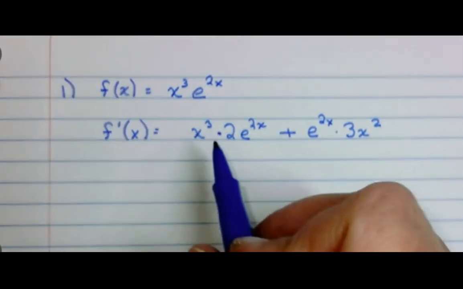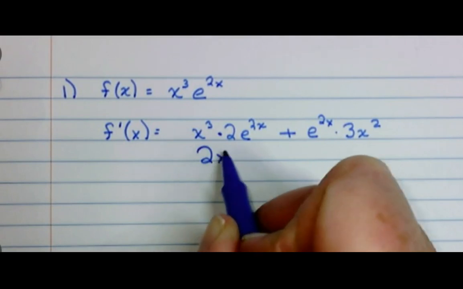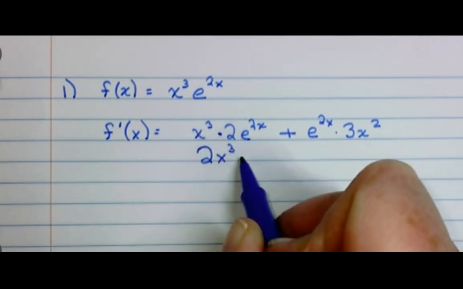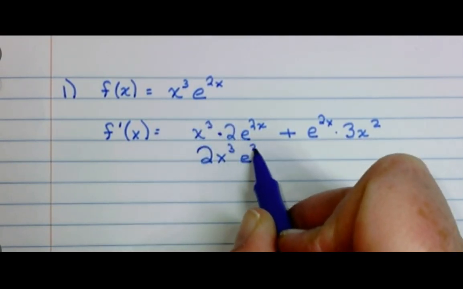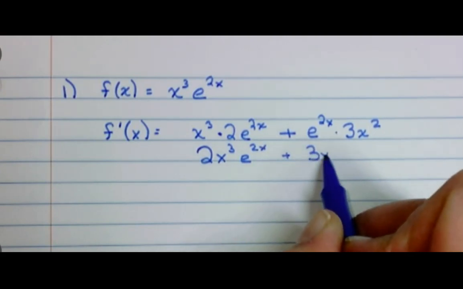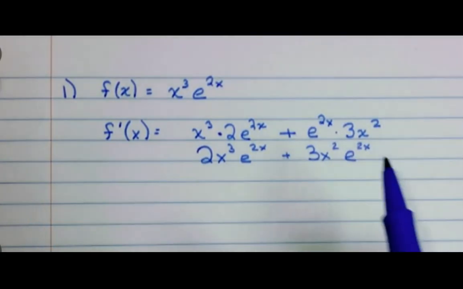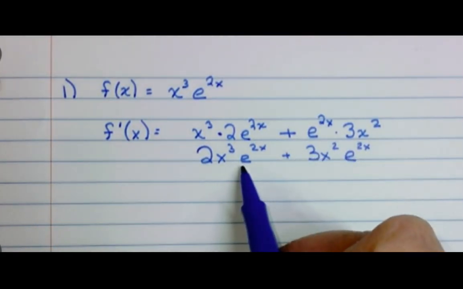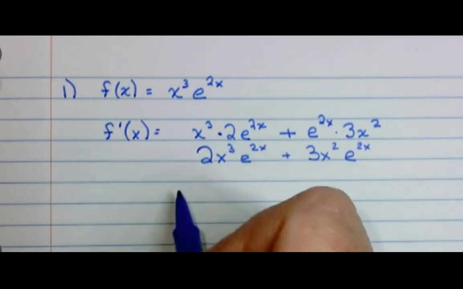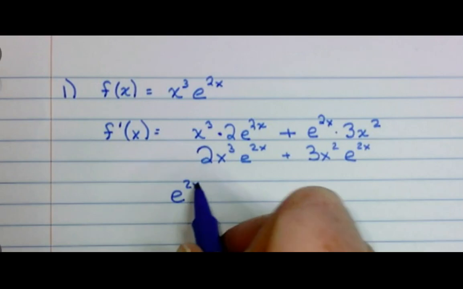Before we do that, let's clean it up a little bit. I'm going to rewrite this as 2x to the power of 3, like just move that 2 over, and then e to the 2x. And then I'm going to make this term 3x squared e to the 2x. Even in writing that, we can see that both the first term and the second term have an e to the 2x. So I'm definitely going to factor out e to the 2x.